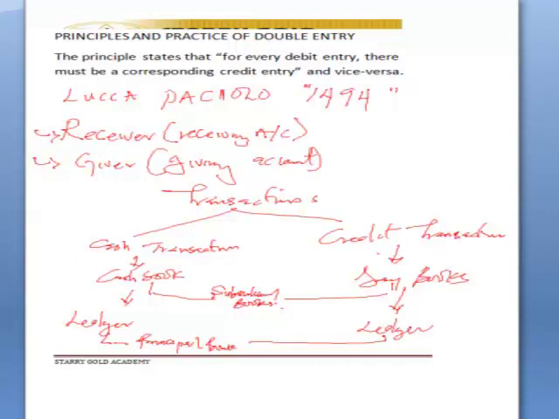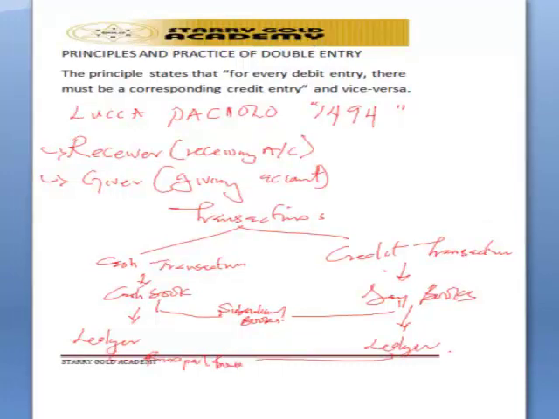So irrespective of the transaction, the double entry principle must be adhered to. There must be a giver and there must be a receiver. Let's look at the following steps.